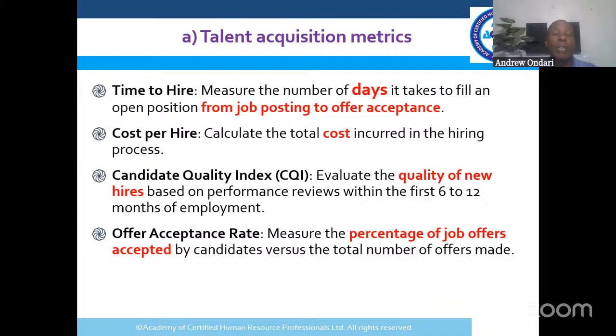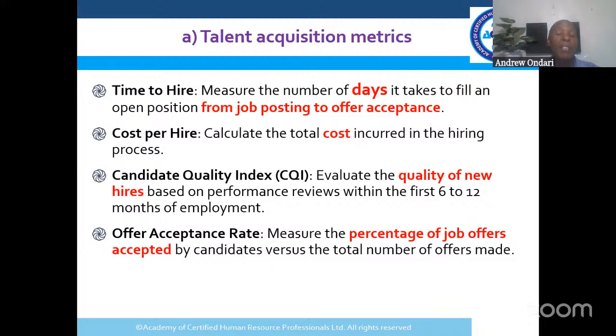Two, we are looking at the cost per hire. How much does it take for you to hire a person in terms of finances? The way of calculating this is the total cost over the total number of positions that were filled. That will give you the average cost per hire.